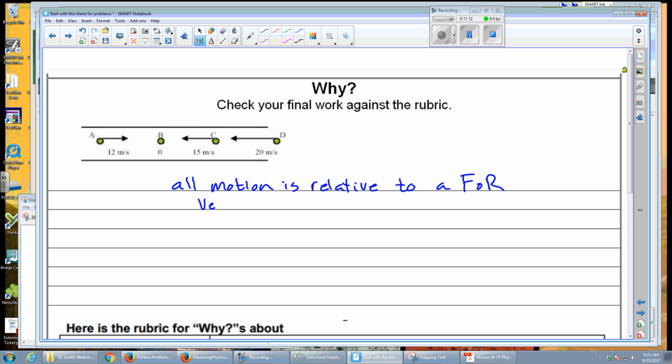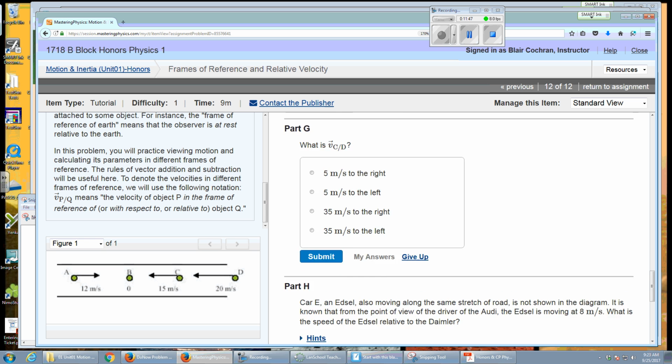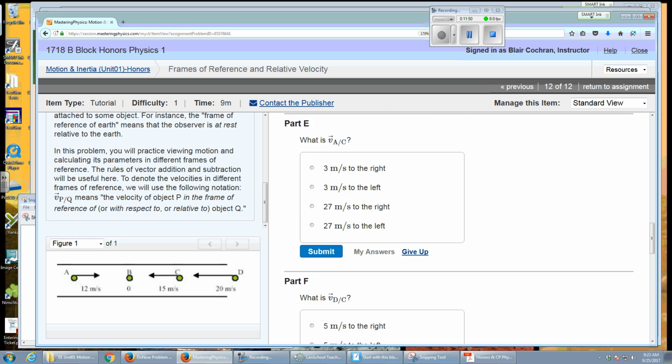So velocity changes when the observer changes frame of reference. Trying to think if there's anything else I really need in there about this. I don't think so.